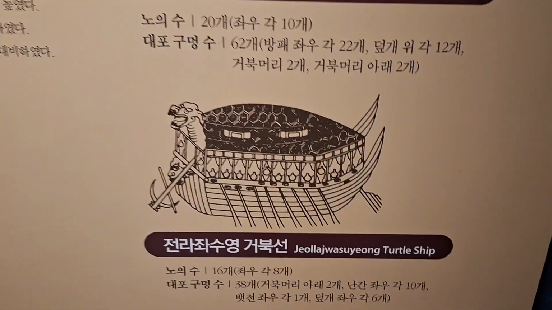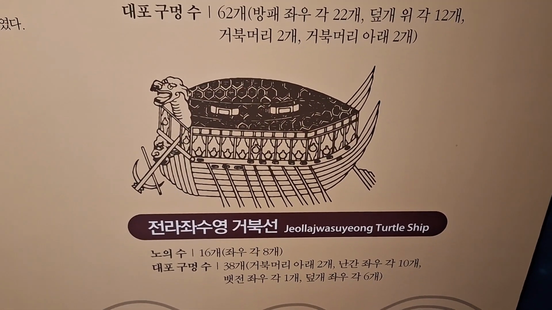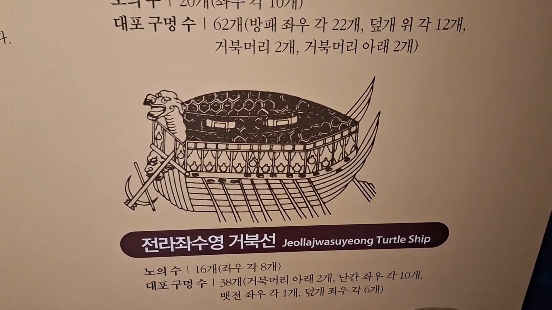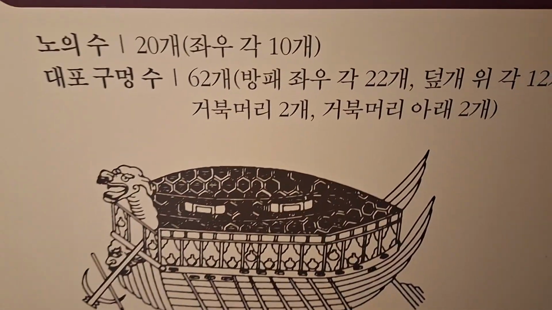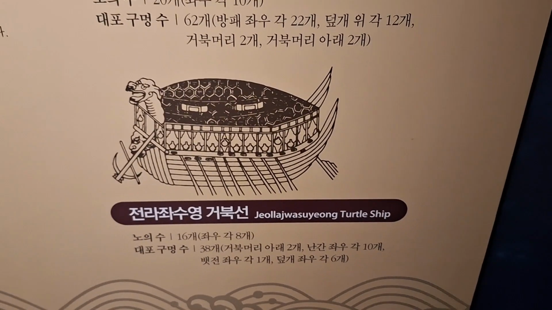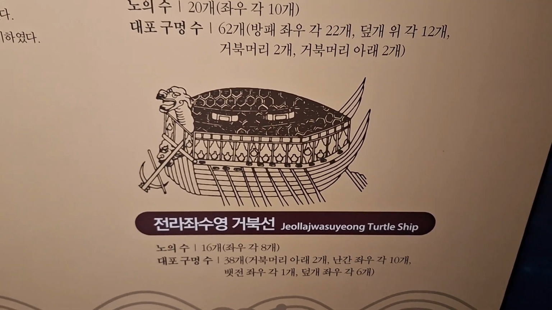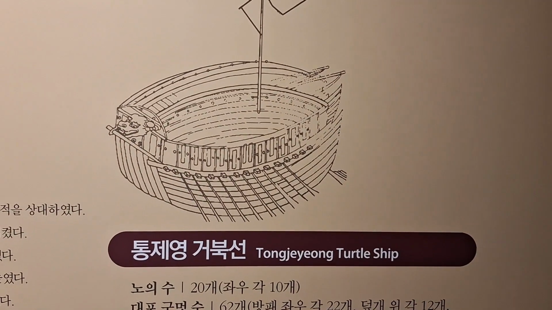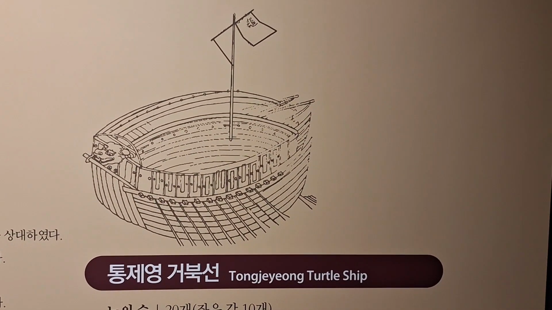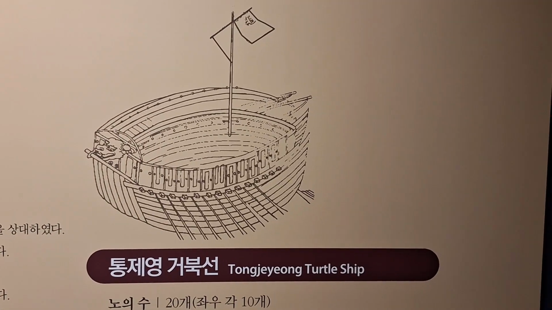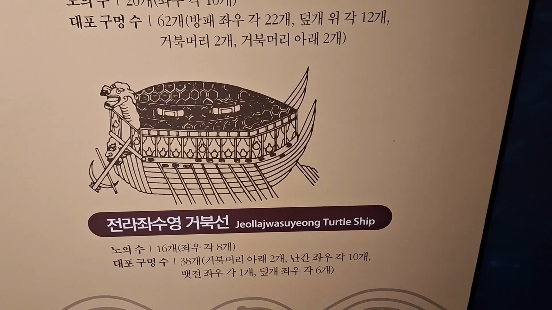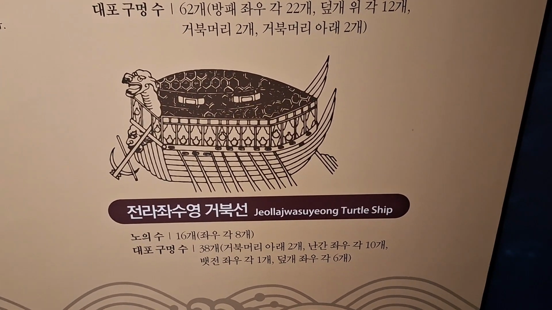Here's the turtle ship that you saw outside, and they had the steel tops right there, so it was very hard to burn them down from the top. I guess you can burn them from the sides. And then there was a different kind of turtle ship that had more armor plating, but it's not colored. The example we saw outside is the earlier version, this one, which is more wooden.